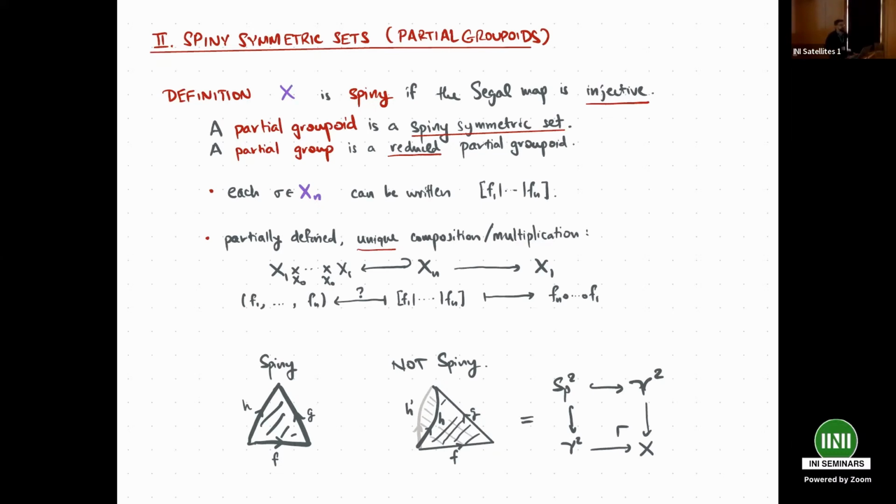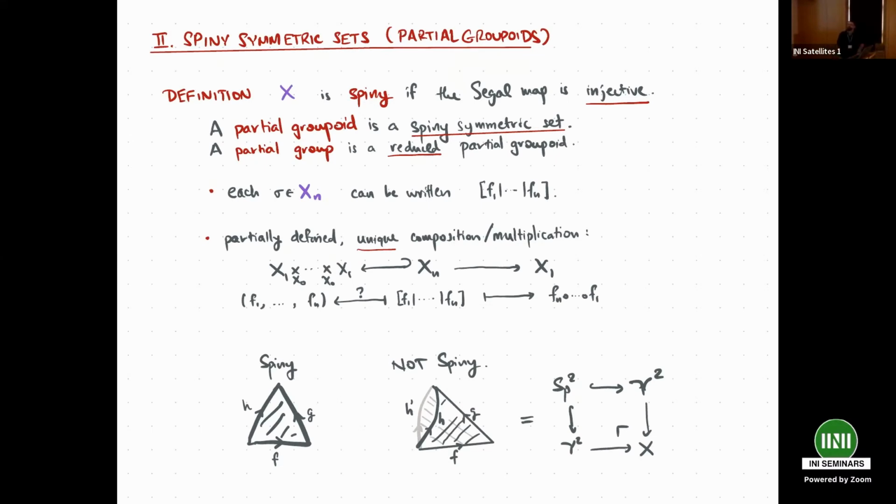So you might as well write it that way. And then secondly, in terms of composition, it gives you a partially defined composition, which is nevertheless unique when it does exist.